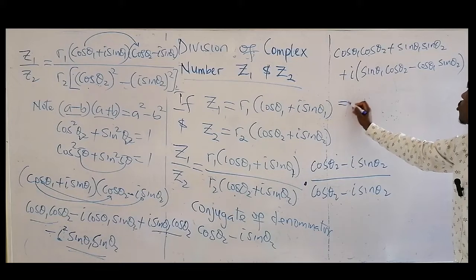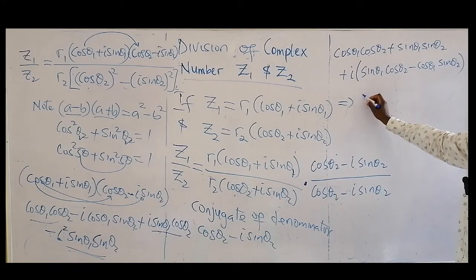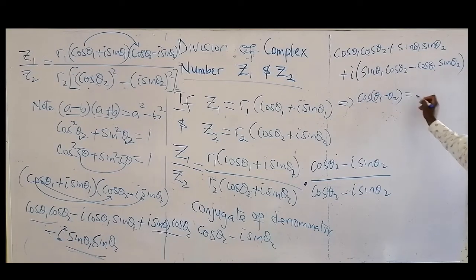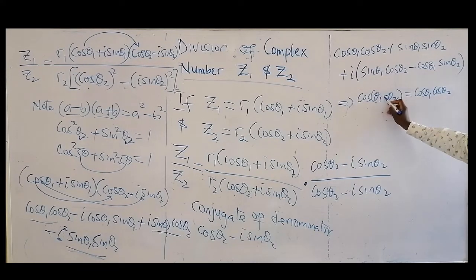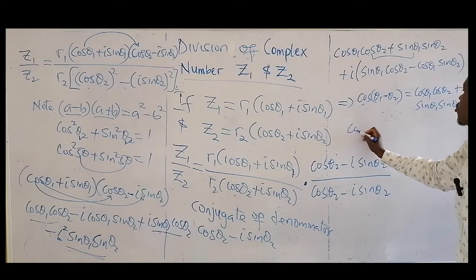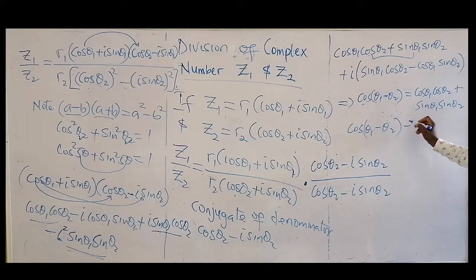Then this is an identity. Don't forget cos of theta 1 minus theta 2 is equal to cos theta 1 cos theta 2 plus sine theta 1 sine theta 2. So these two expressions give cos of theta 1 minus theta 2, and this one also gives plus i sine of theta 1 minus theta 2.